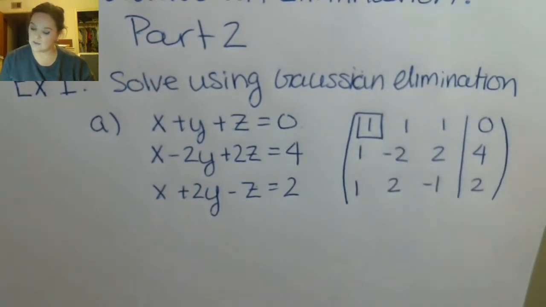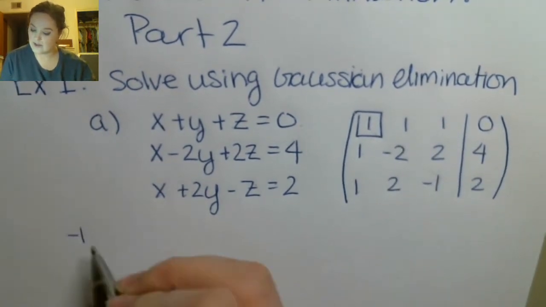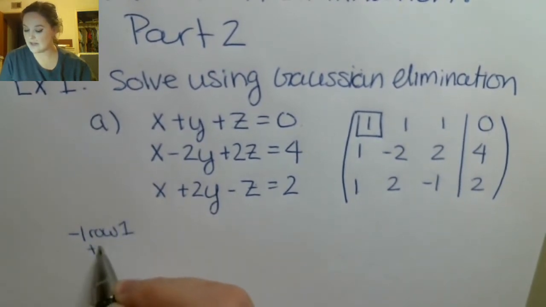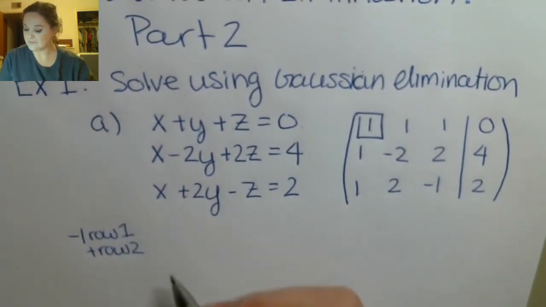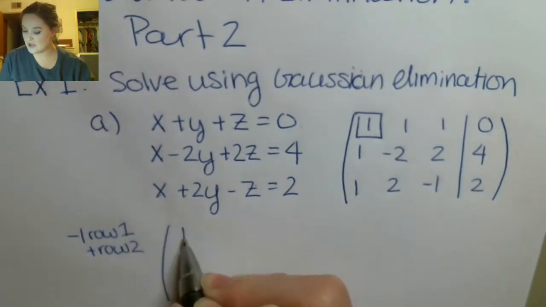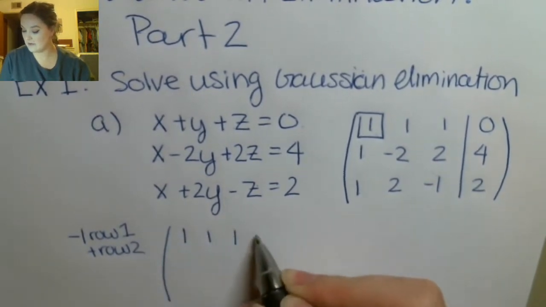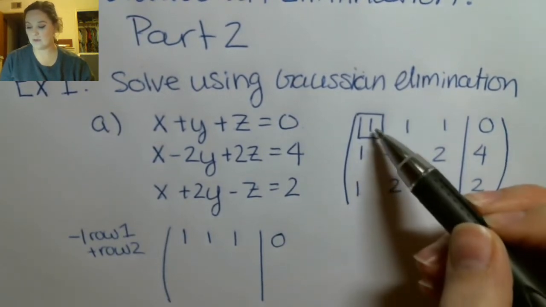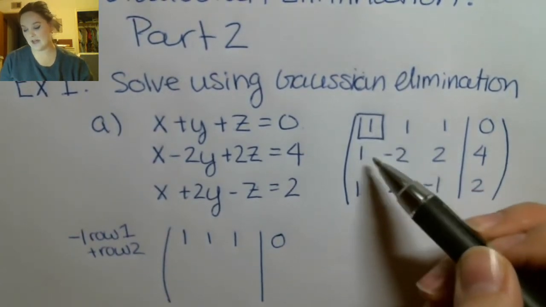So I'm going to do -1 times row 1, and then add it to row 2. I'm not changing my first row at all. For my second row, I'm doing negative 1 times this and adding it to this.